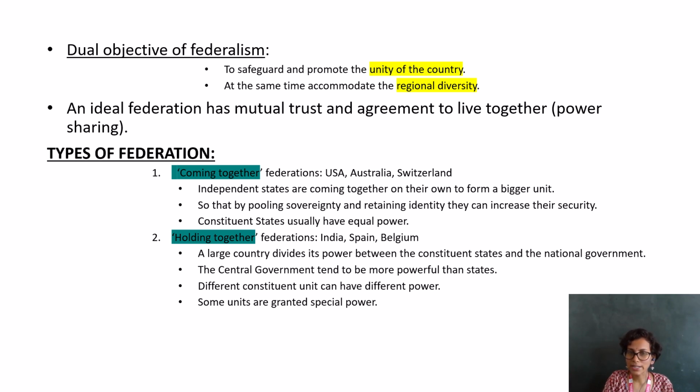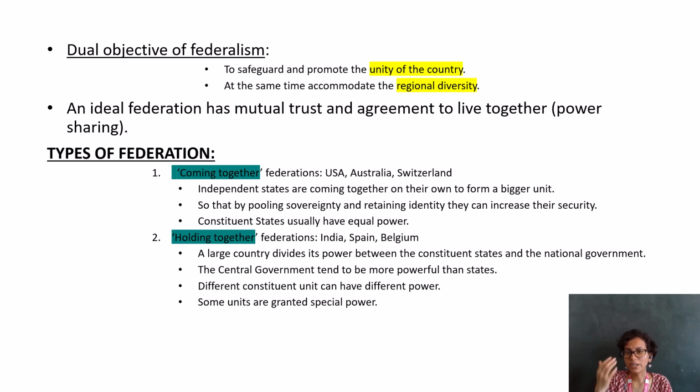Then there is another kind of federation which is holding together. What does that mean? Suppose there is a big plot of land like India. In the beginning, when India got independence, these many states did not exist.